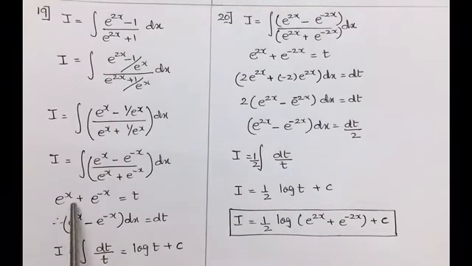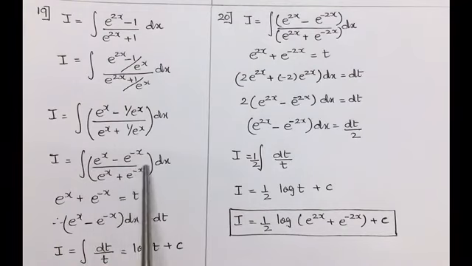So assuming e raised to x plus e raised to minus x equal to t and differentiating this, e raised to x differentiation is e raised to x, e raised to minus x differentiation will be minus e raised to minus x, dx is equal to dt.